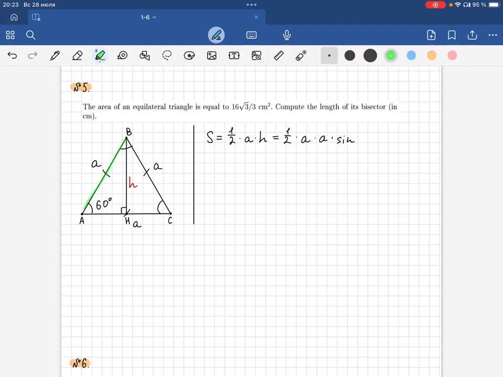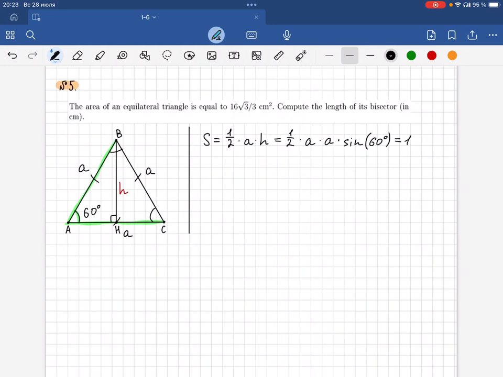For example, if we take this side and this side, then we need the angle BAC. And in our triangle, as we said before, all these angles are 60 degrees.